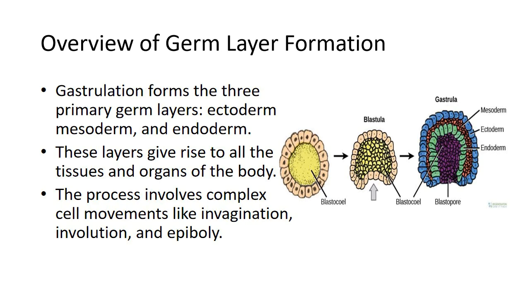The ectoderm, mesoderm, and endoderm are the foundational layers from which all organs and tissues will develop. These layers are formed through complex cellular movements like invagination, involution, epiboly, and convergence extension.